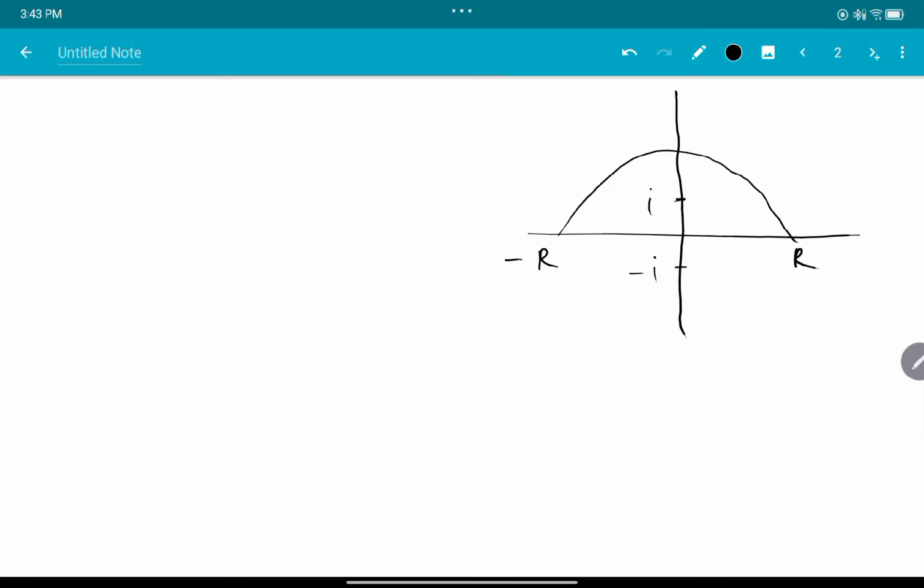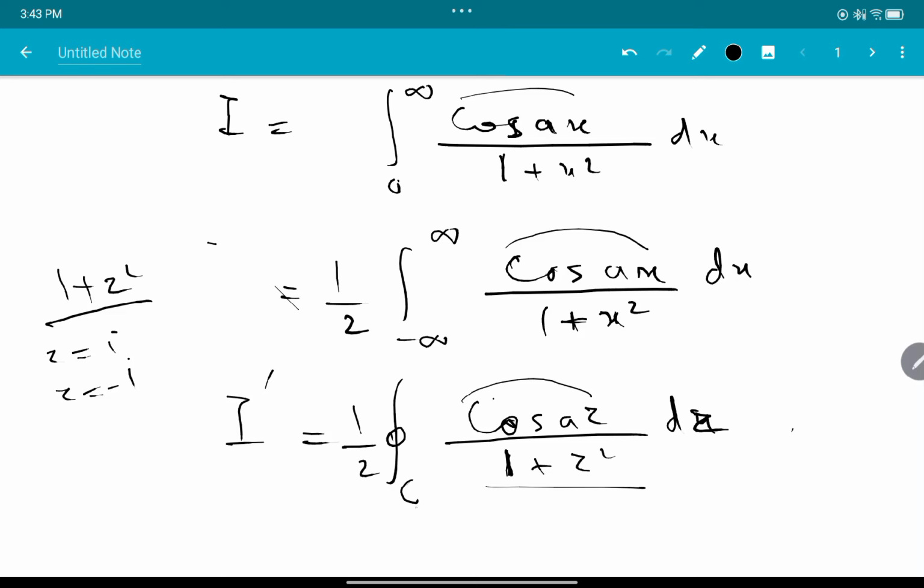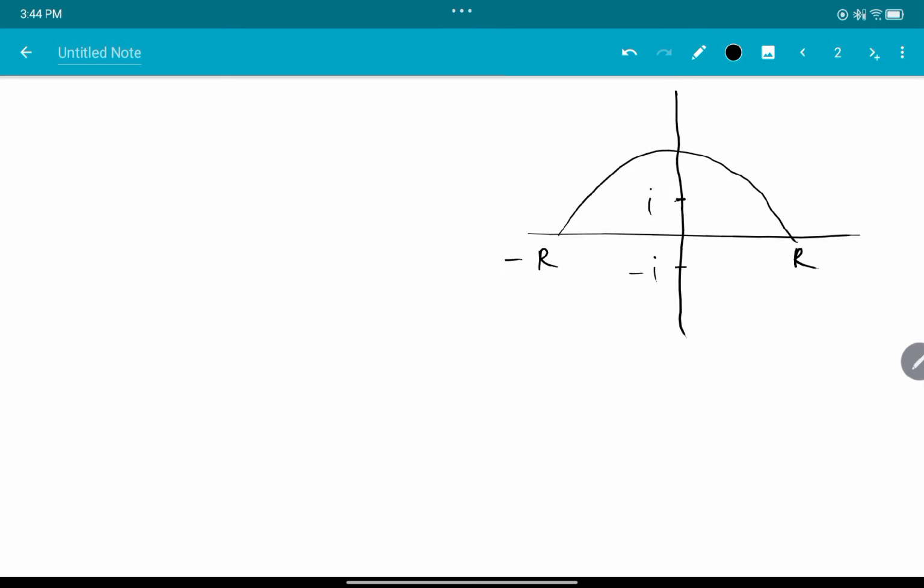In order to evaluate this integral, we need the residue of this function, and calculating that residue is not a problem. We can calculate that.